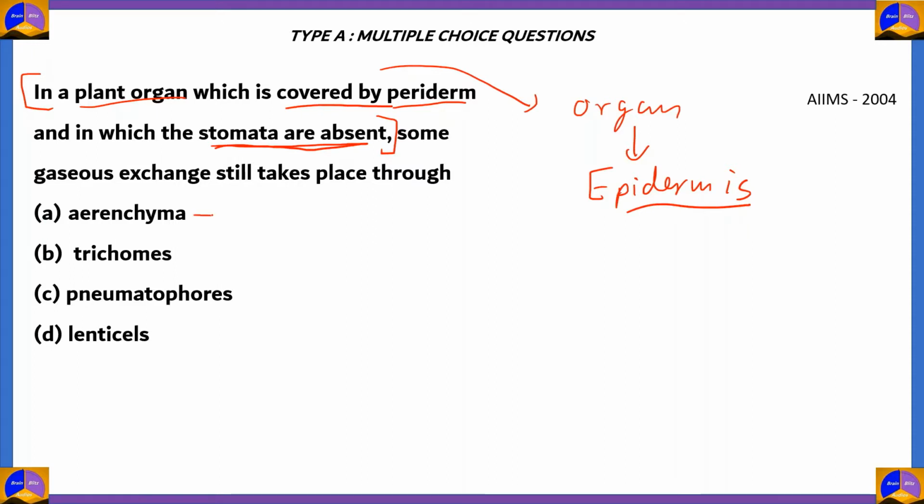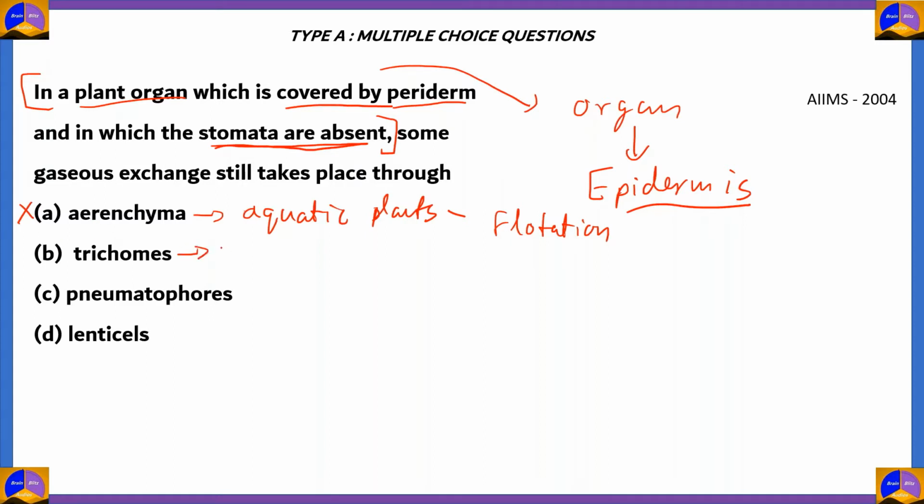Option A, parenchyma. This is found in aquatic plants, and this is for flotation. Their function is flotation and not gaseous exchange. Option A is incorrect.